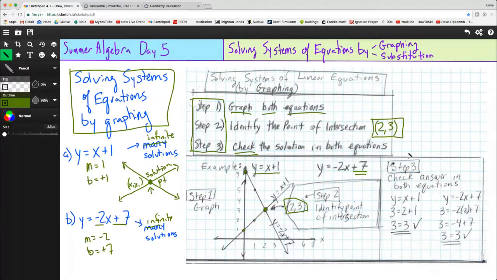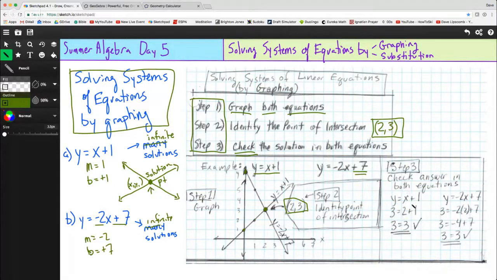Then the third step is we're going to check our answer in both equations. We write the equation y equals x plus 1, and the equation y equals negative 2x plus 7, and plug in our point, 2, 3, into both equations. So x is 2, and y is 3.